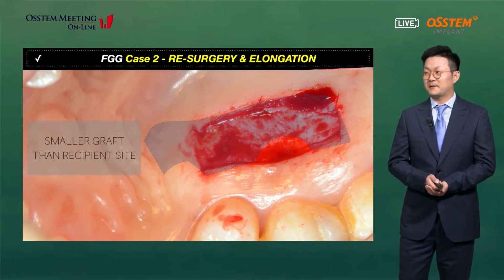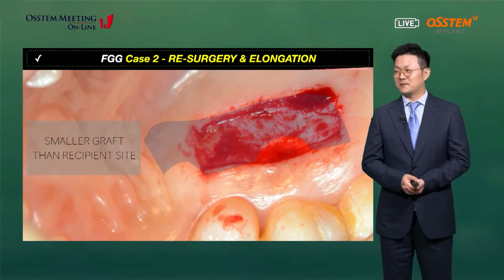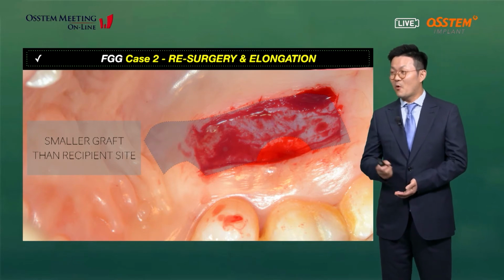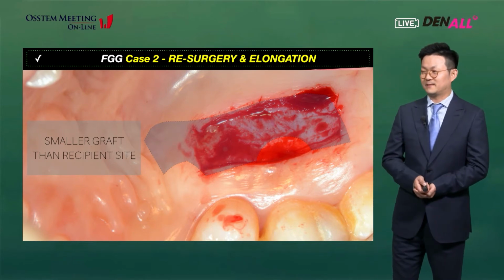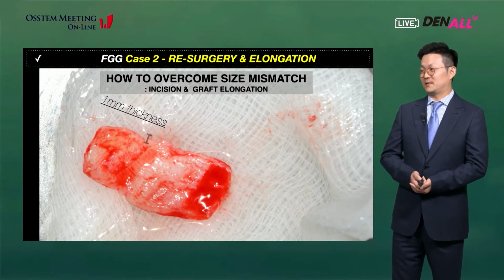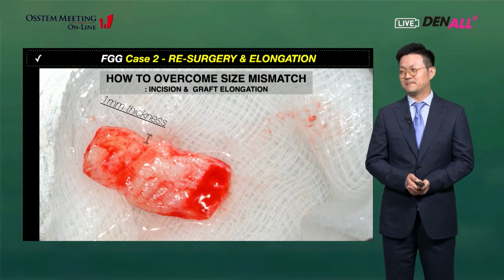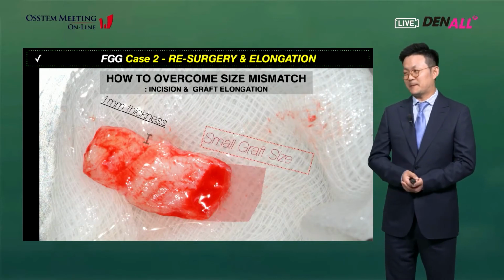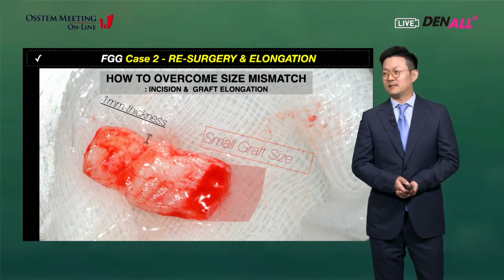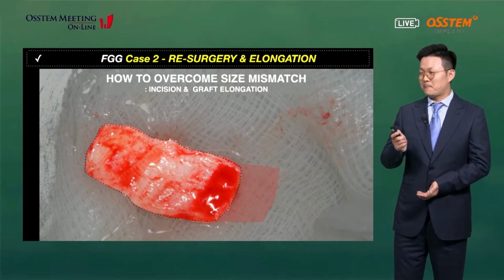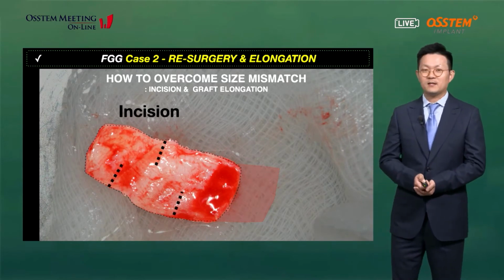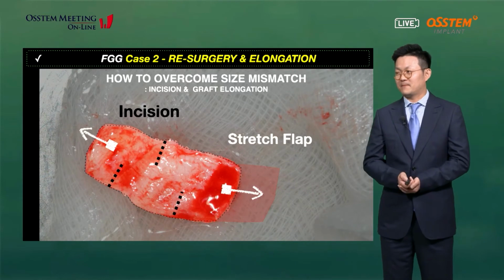But there's some problem. The graft tissue I harvested was smaller than the recipient side. So I have to overcome this size mismatch. So I decided to make some incisions on the graft tissue and stretch it.